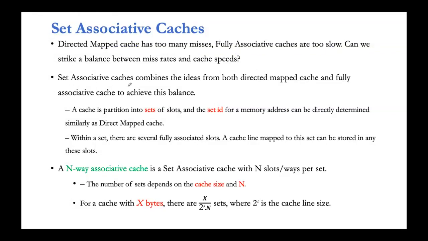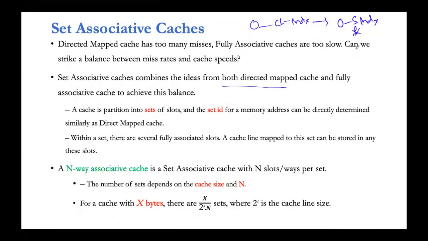The set associative cache combines ideas from both: the cache line index will be assigned to a zero-indexed set. We call it the set index. Instead of a frame, we use the set index here. So the direct mapped cache and fully associative cache will be balanced in this case.